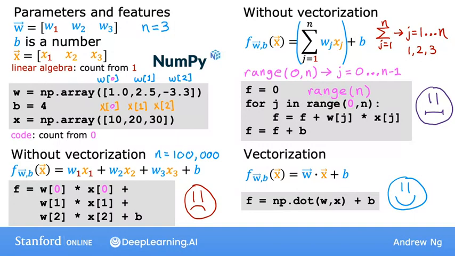Now, the previous version is much more practical when n is large because you are not typing w0 times x0 plus w1 times x1 plus lots of additional terms. But while this saves a lot on the typing, it's still not that computationally efficient because it still doesn't use vectorization.